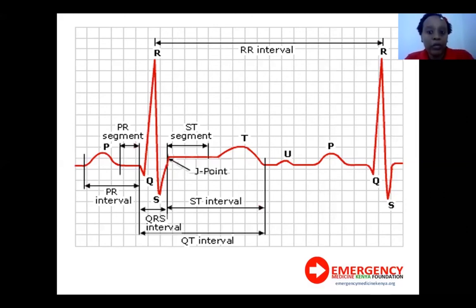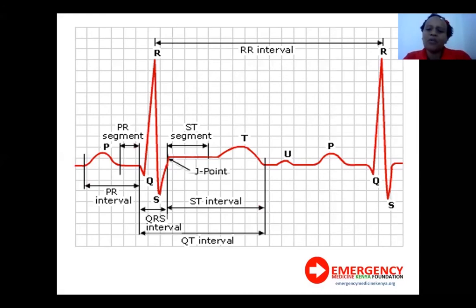Then we have our U wave. This is whereby the myocardium, the Purkinje fibers, are actually relaxing, and you can see it at the apex of the heart. You can see this either in V2 or V2 to V4.